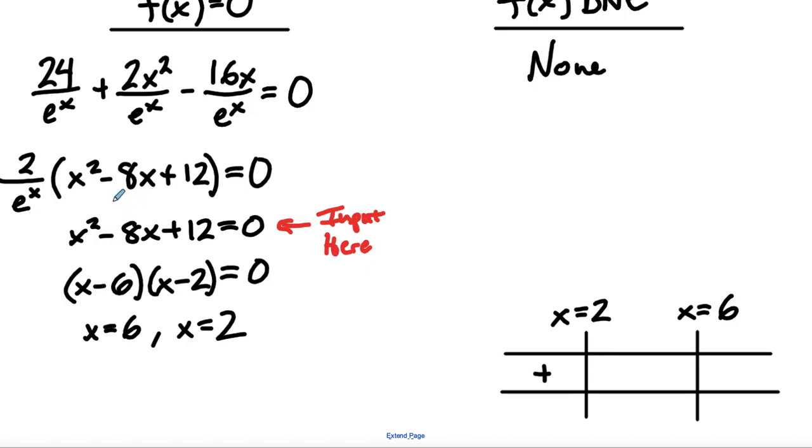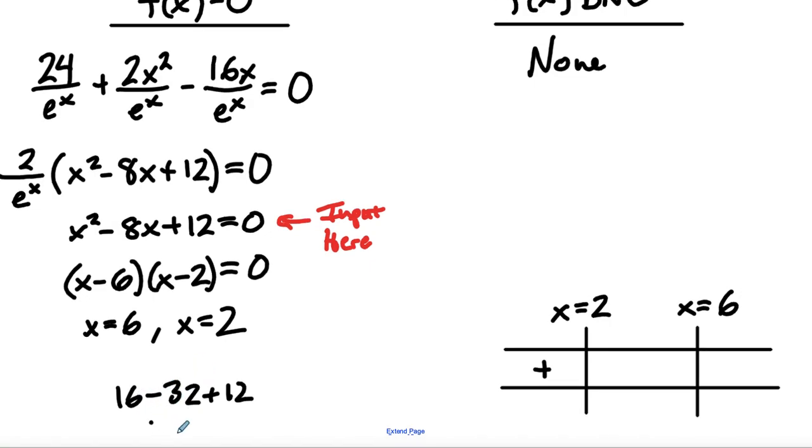And then we have anything between 2 and 6, so I'll input 4. Well, 4 squared is 16 minus 8 times 4, so let's think about this for a second. 16 minus 8 times 4 is 32 plus 12, and really if you look at this, that's 28 minus 32, which is actually going to be a negative number.